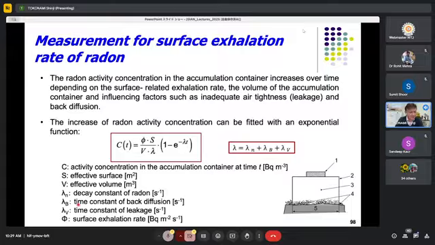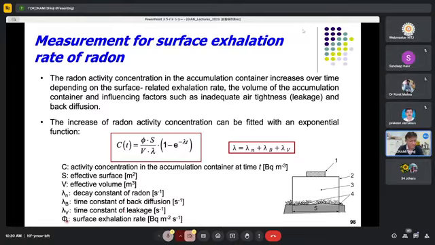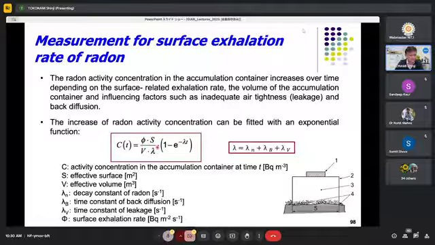Lambda b, time constant of back diffusion. Time v, lambda v, time constant of leakage. Phi, surface acceleration rate. This lambda is effective decay constant.